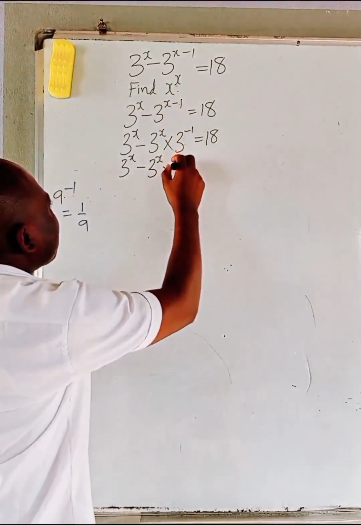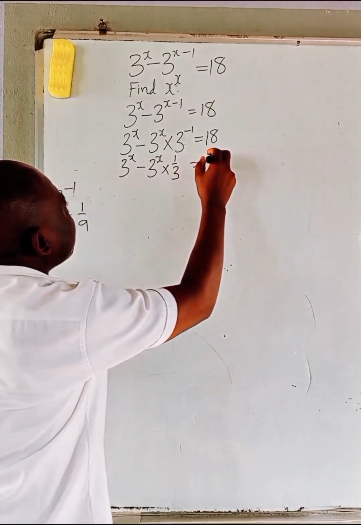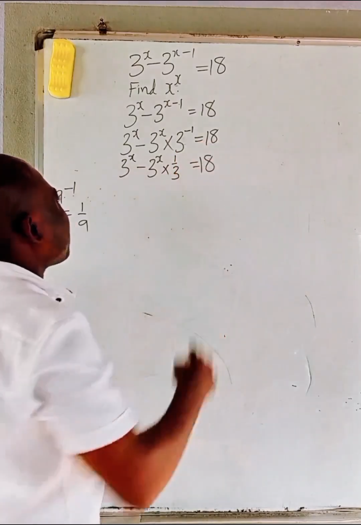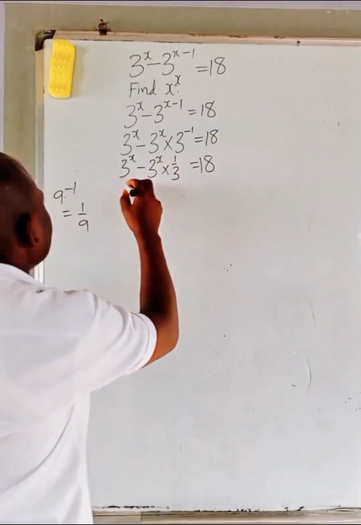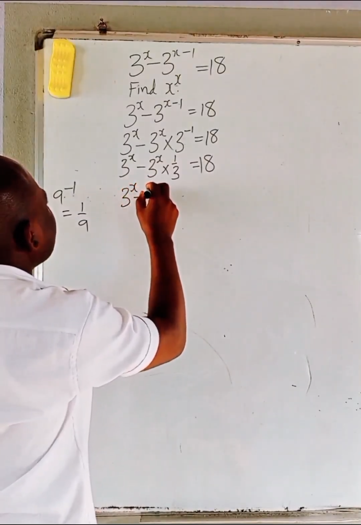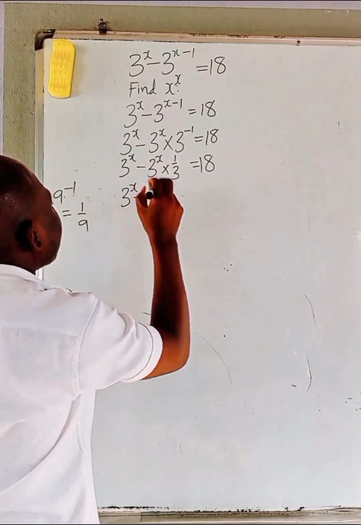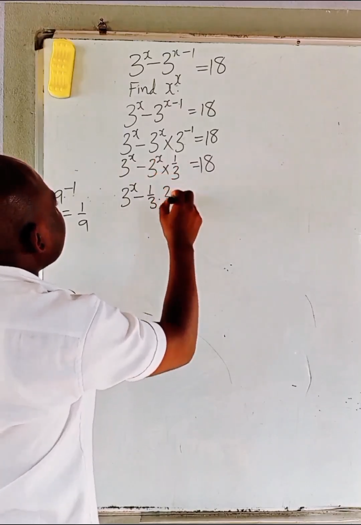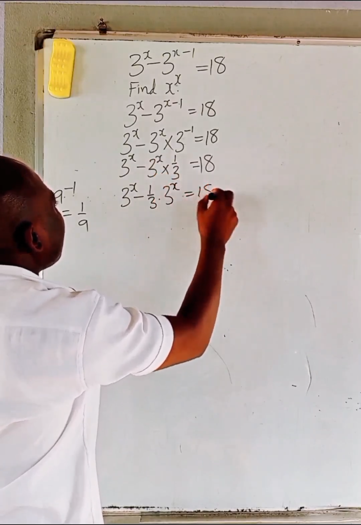What we have is 1 over 3 equals 18. So you see what we have now: 3 raised to the power of x minus 1 over 3 times 3 raised to the power of x equals 18.